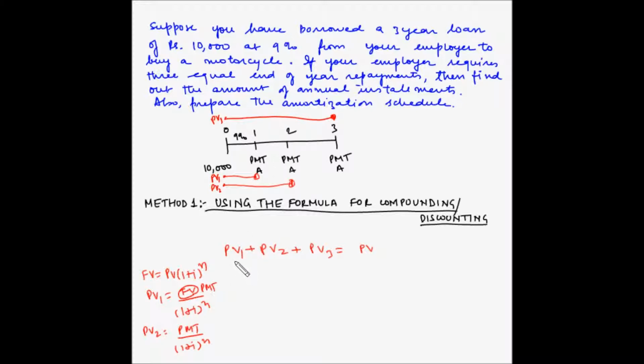So this becomes PMT divided by 1 plus 0.09 to the power 1, plus PMT divided by 1 plus 0.09 square, plus PMT divided by 1 plus 0.09 cube, is equal to PV, which is 10,000.